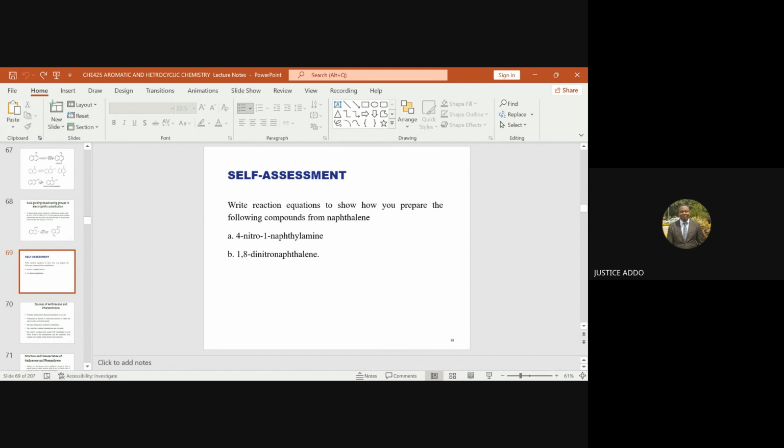Okay. So now we have naphthalene, and we want to prepare the A, 4-nitro-1-naphthalamine. What I will ask you is that, we have done the nomenclature. You understand how to name it. So try and see if you can get the structure of 4-nitro-1-naphthalamine.